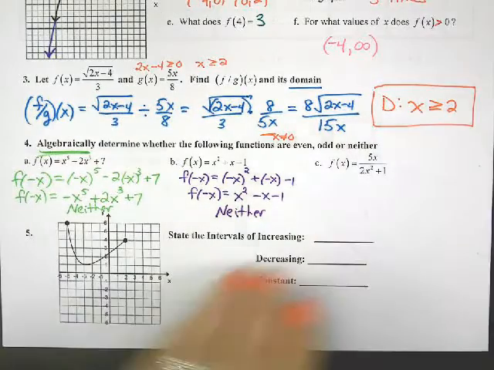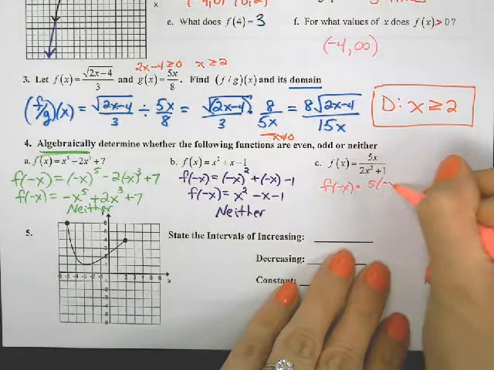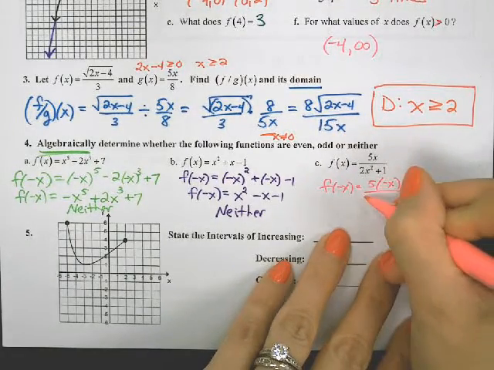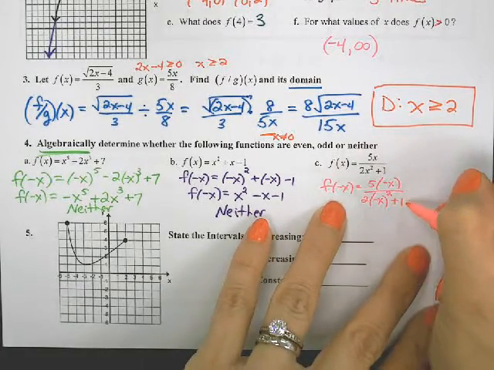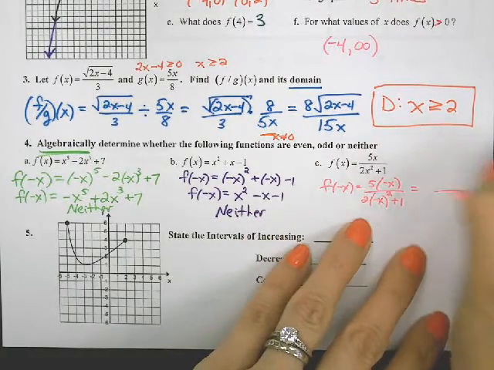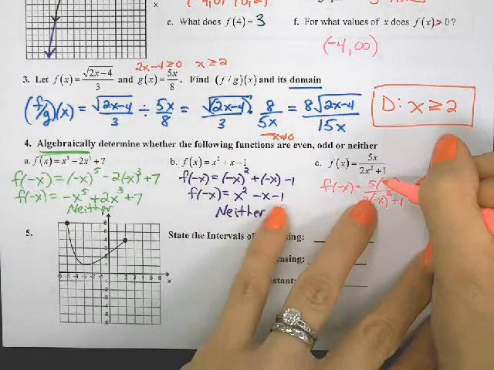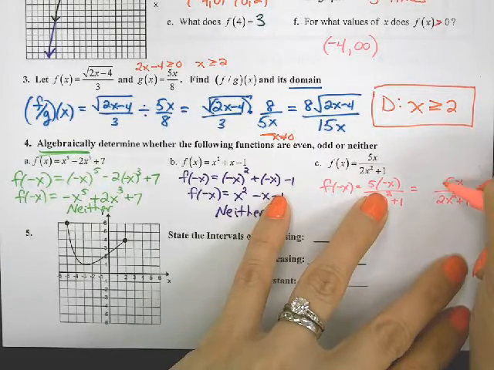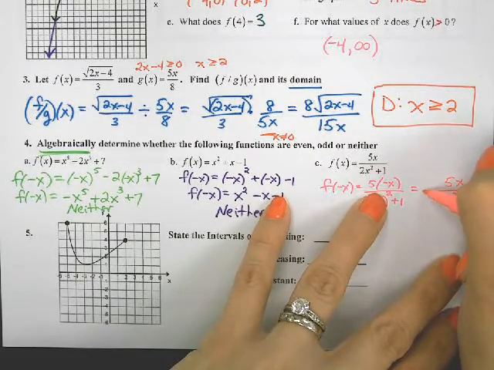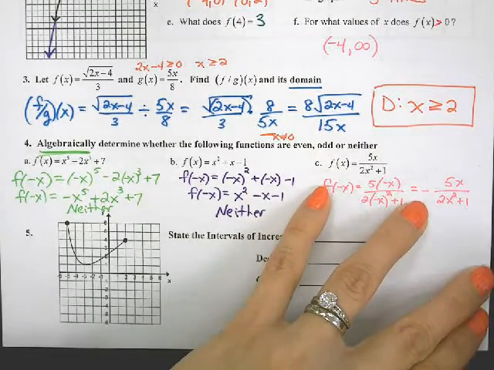And the last one, f of negative x. So 5 times negative x upstairs. Downstairs we're going to have our negative x get squared, so that's going to turn it positive. So the denominator is 2x squared plus 1. And that's going to be a negative 5x. But remember what I said to do? If you get a negative, let's write it out in front. Negative, put the 5x.